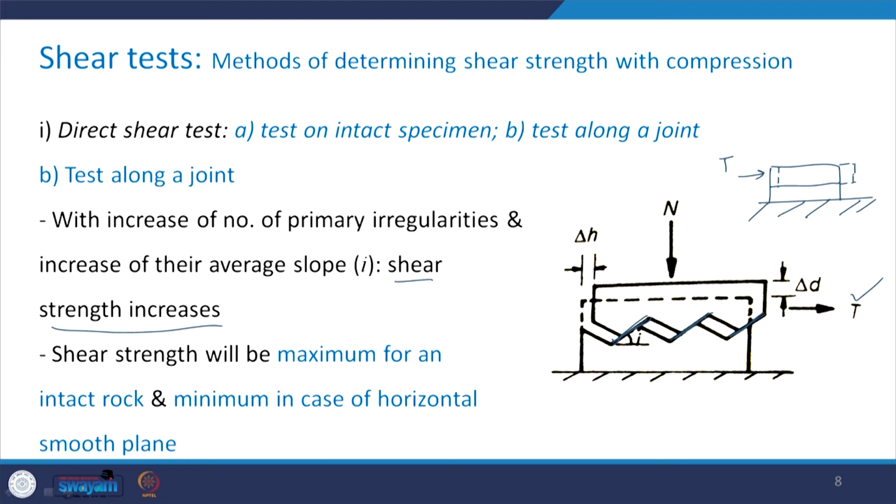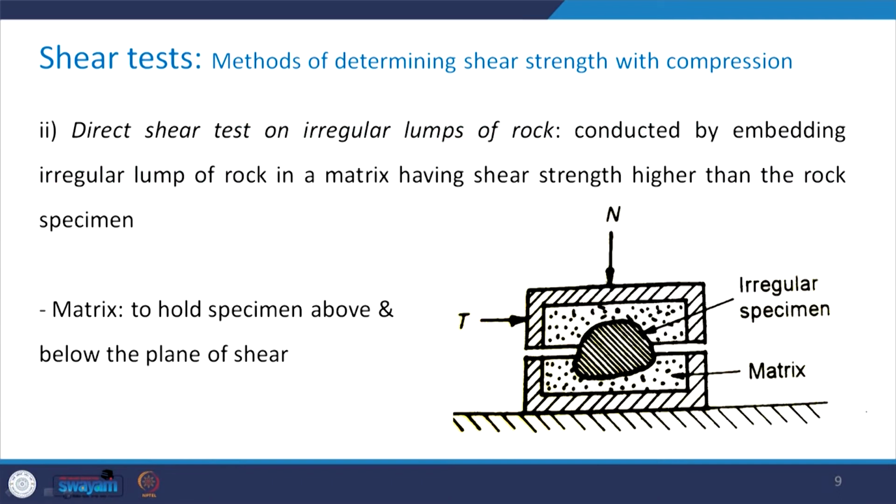In this case, where the plane is horizontal and smooth, you have the minimum shear strength. So, remember this: shear strength will be maximum in case of the intact rock, and it will be minimum when you have a horizontal smooth plane as a sliding plane.